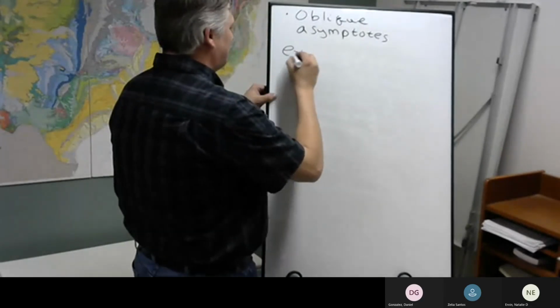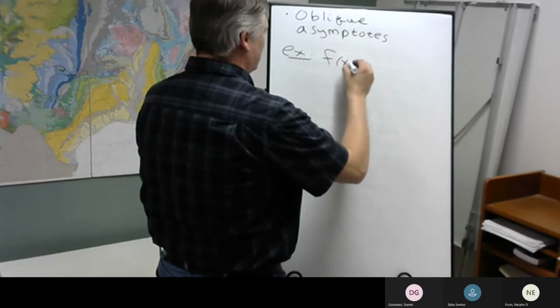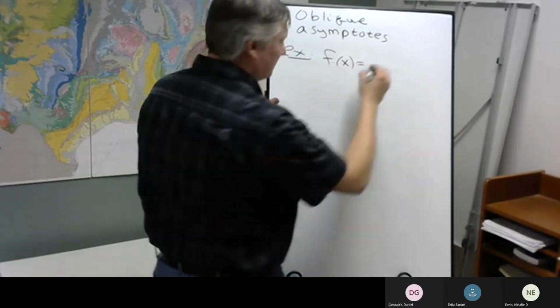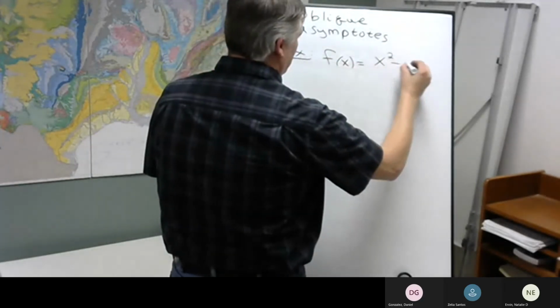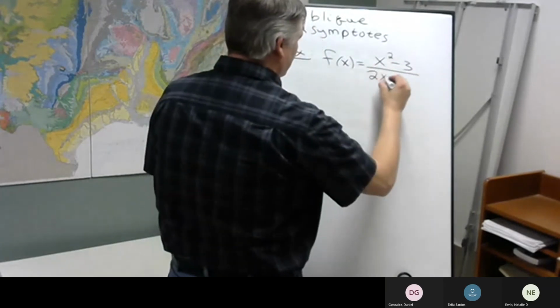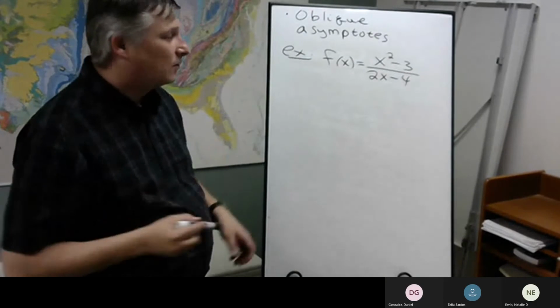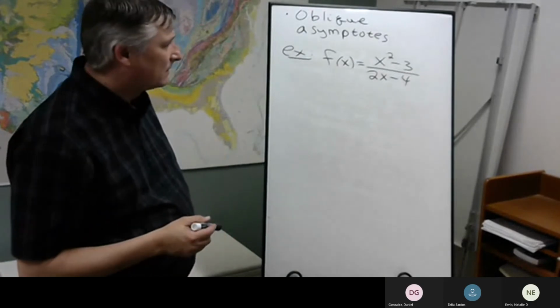Let's say we have this: x squared minus 3 over 2x minus 4.